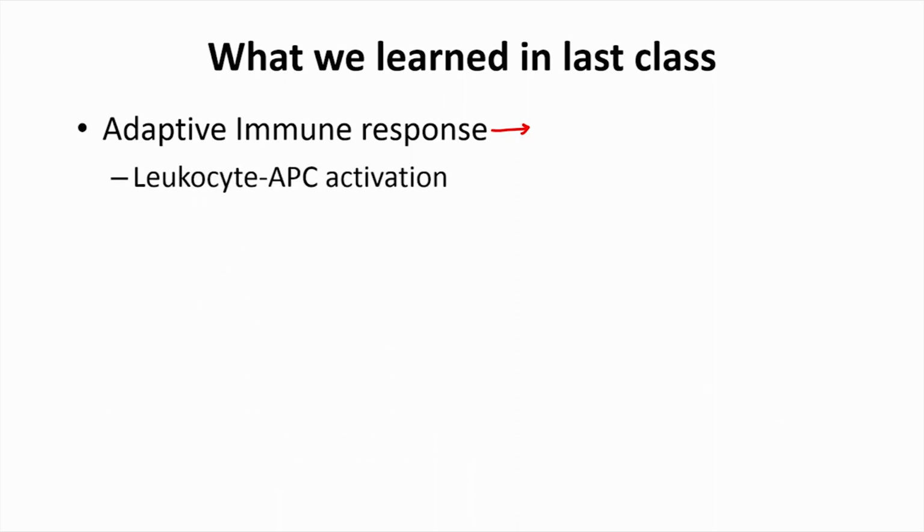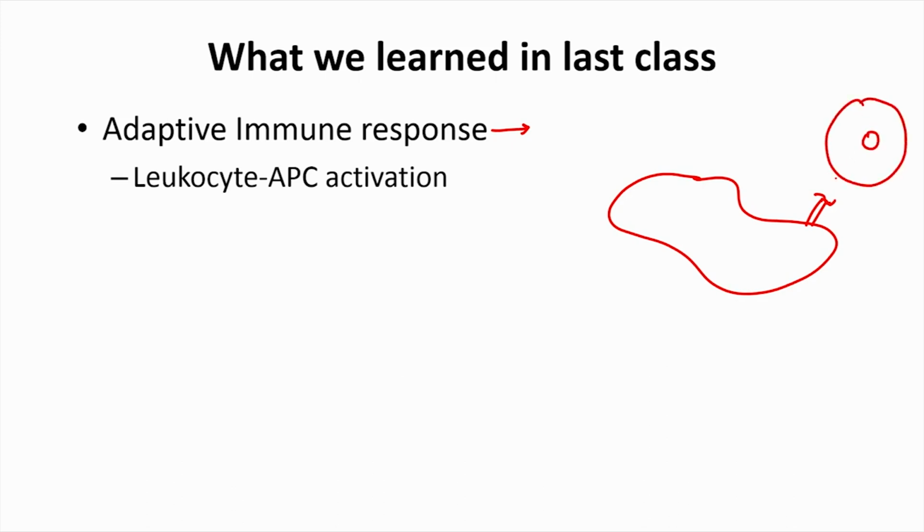And then we learned how these APCs activate the leukocytes. So you will have, let us say, an antigen presenting cell, which has receptors through which it presents small fragments of peptides derived from a bacterial or viral source, or whatever pathogen source it might be. And then you have leukocytes which also have receptors with several different mutations.